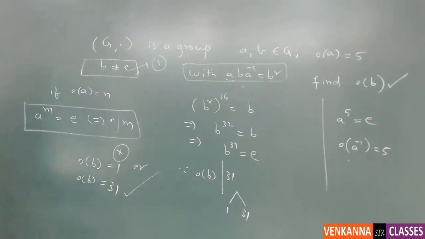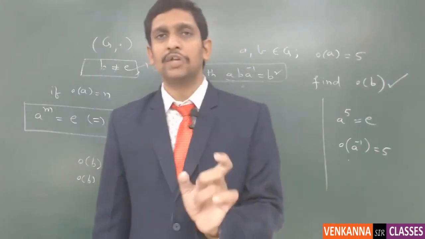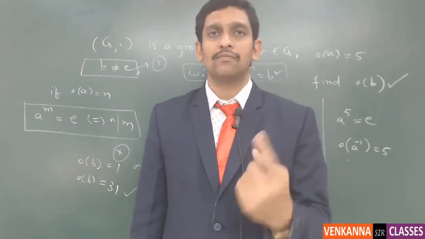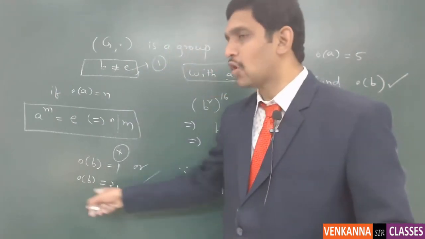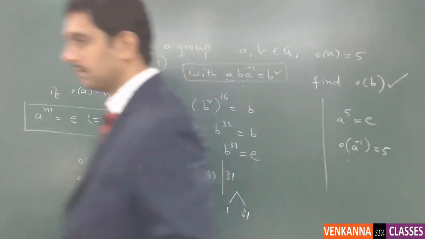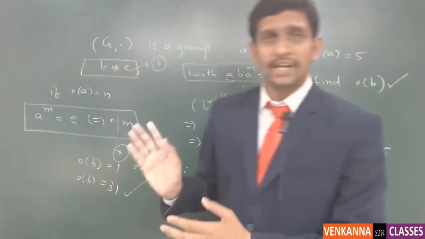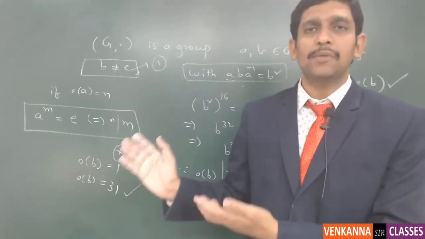So in the exam, we write that since b is not equal to identity, the order of b cannot be 1. So the only possibility is that the order of b is equal to 31, which we have to mention. That's it. So this is the solution of the problem. Whenever this type of question is given to you, the minimum weightage is 15 marks in the exam.